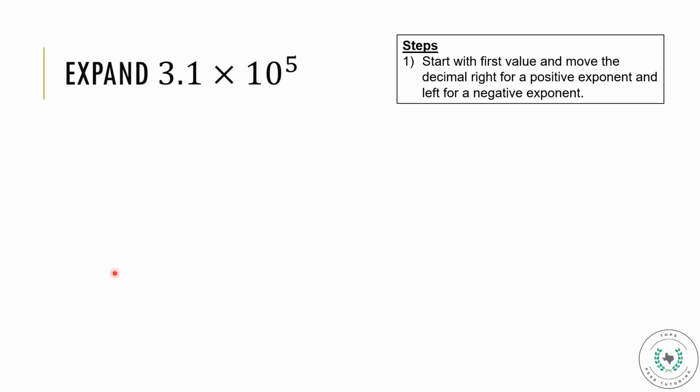Here is an example that we can work through. It says expand 3.1 times 10 to the power of 5. So once again, start with that first value. In this case, the first value is that 3.1. So we put 3.1.